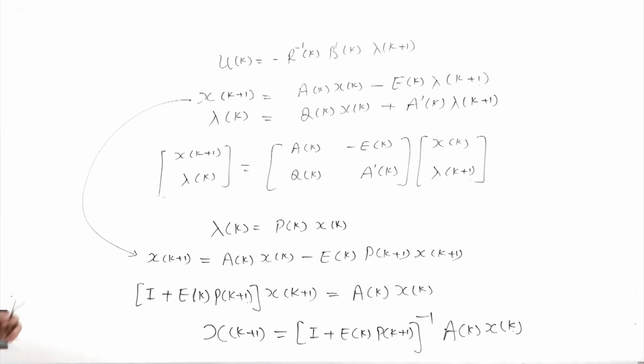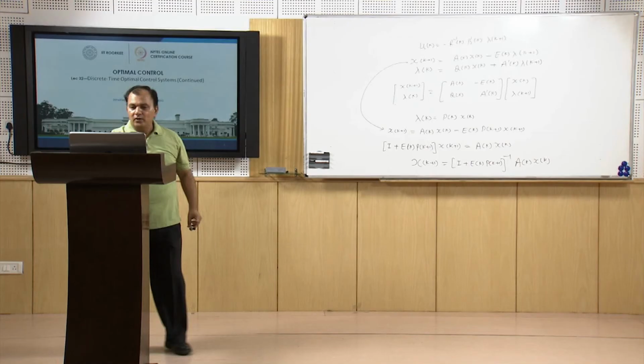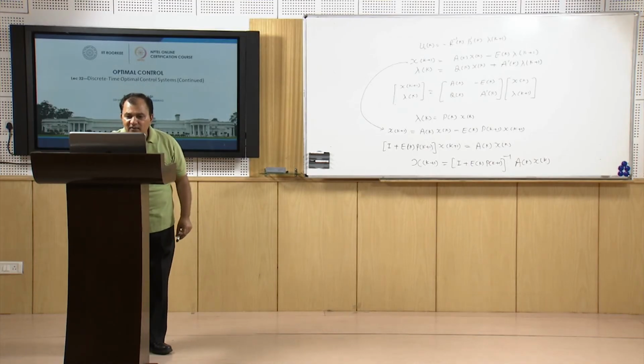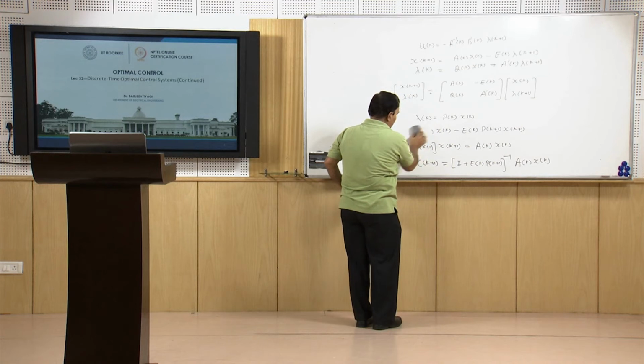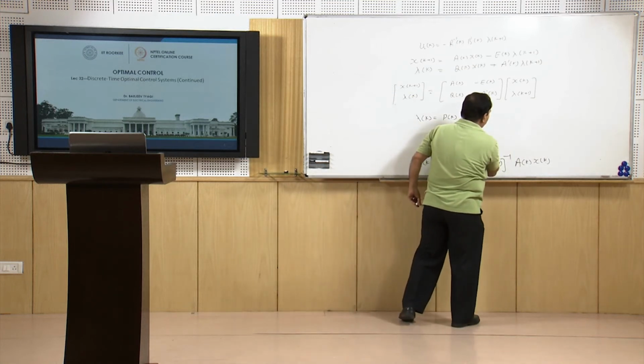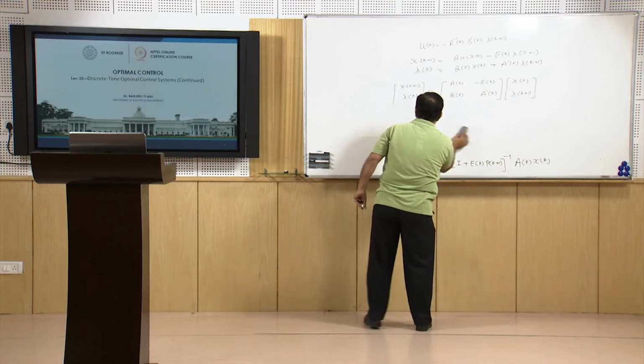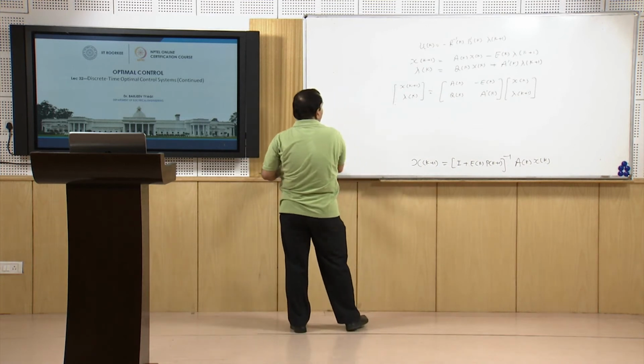So, this is my x of k plus 1. So, this means I am writing this x star k plus 1 as I plus E k P k inverse A k x k. So, I will keep this last equation.